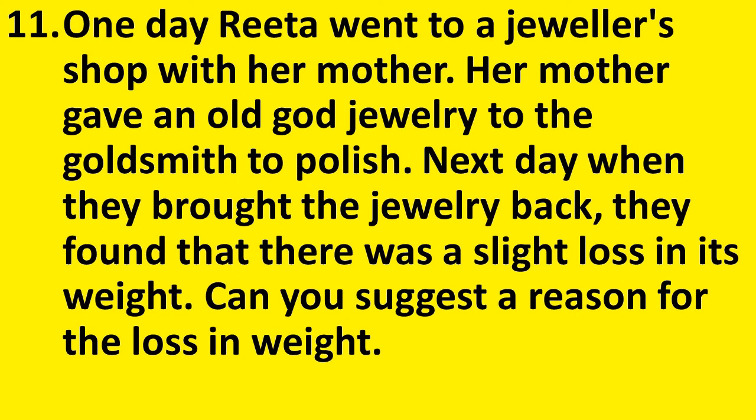So, what is the condition here? The old gold jewelry is given to the goldsmith for polishing. But when they brought it back, they found that there is a slight loss in its weight. We have to find out the reason for the loss in weight.